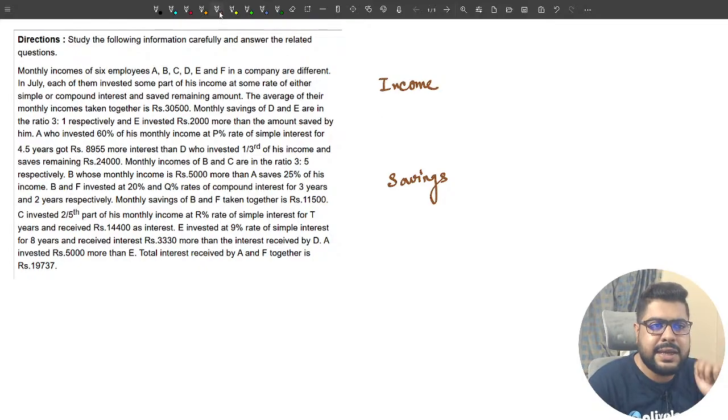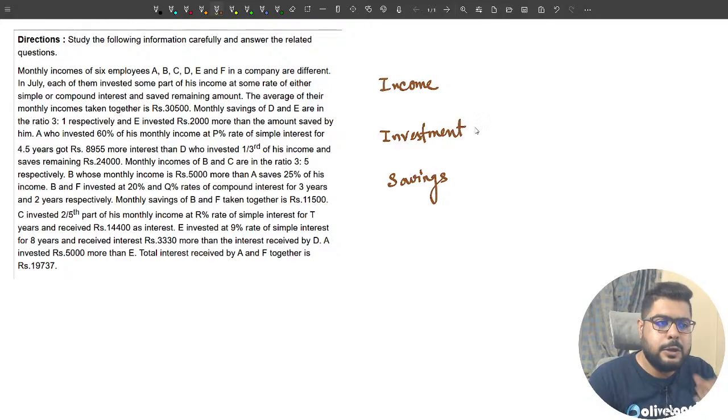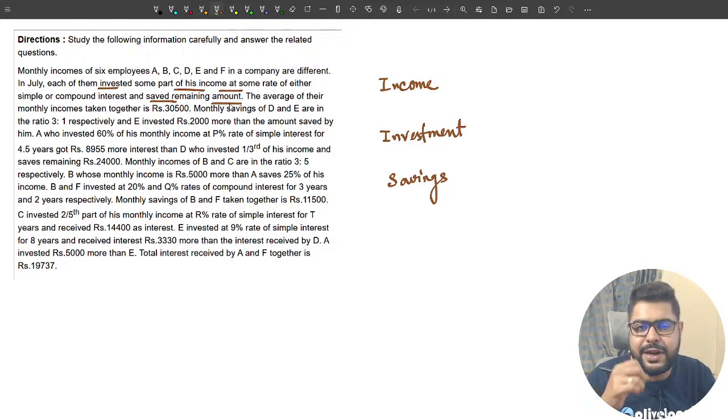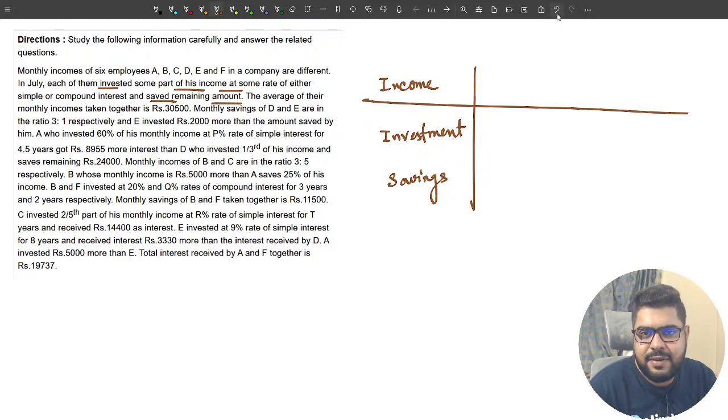So instead of expenditure, they're investing. That is what they have given: each of them invested some part of his income at some rate and saved the remaining amount. Very interesting here. Sir, how many people? 6 people. Let us make a table.